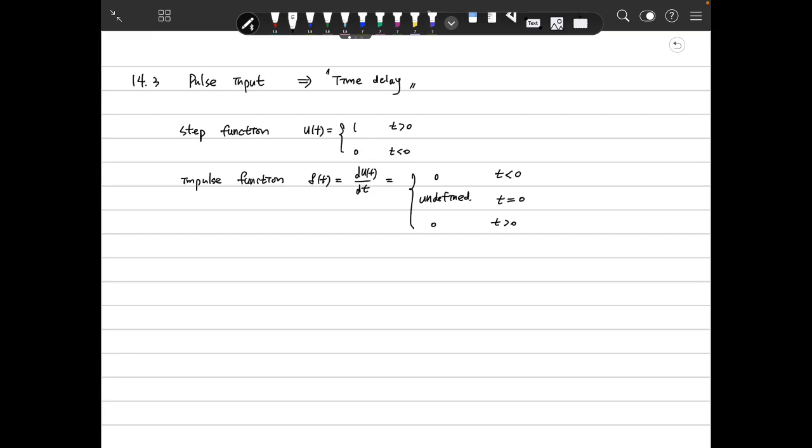That means the derivative d u(t) over dt at t is 0 is delta u over delta t, but at t is 0, the delta function is like that. In a very small period delta t, delta u is 1. This is 1 over 0, so that is undefined. So we call this the impulse function.